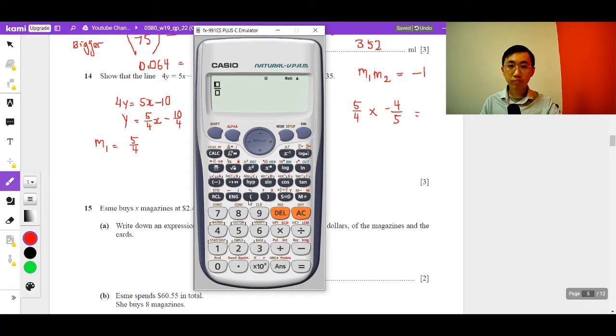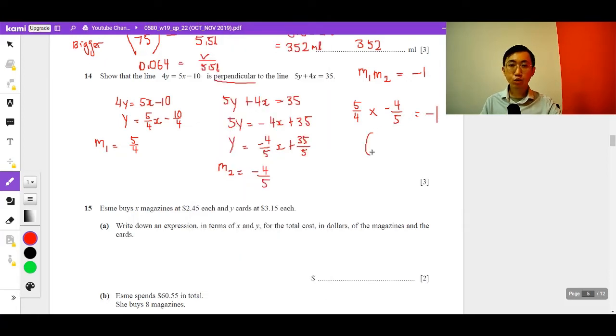Let's try that. 5/4 multiplied with another fraction, -4/5. Indeed we get -1, so both lines are perpendicular to each other. That's why it says shown, right? So you can write shown. So there you go. This question is indeed very good. They have a lot of spaces for you to write the workings. Okay, so that's question 14.